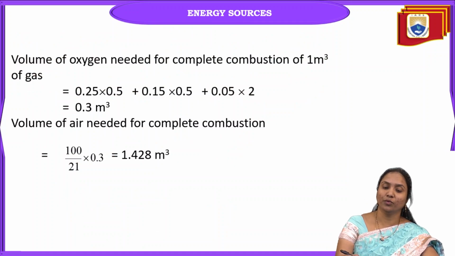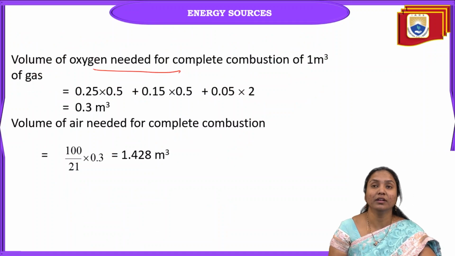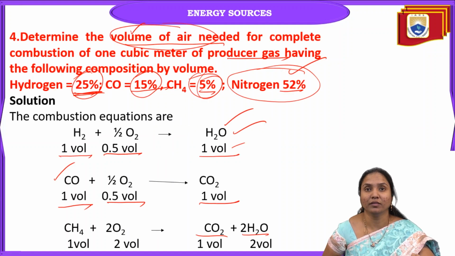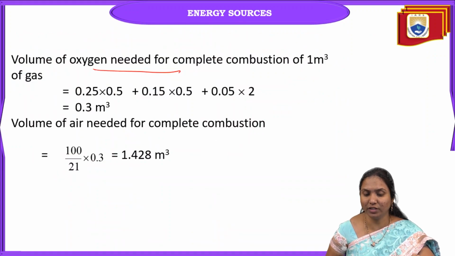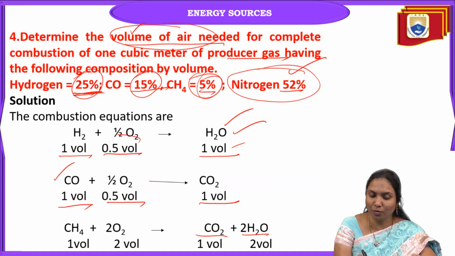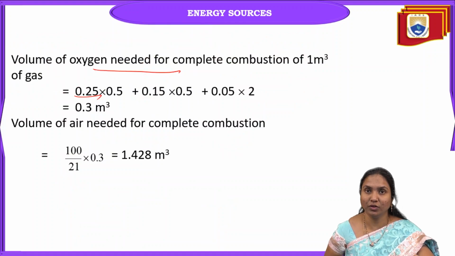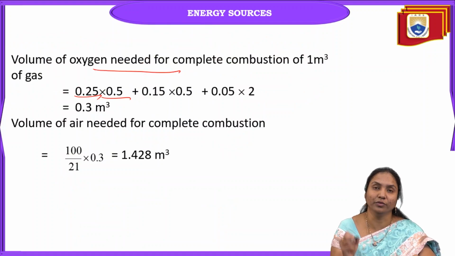So the volume of oxygen needed for complete combustion of 1 meter cube of gas: the hydrogen percentage is 25, so we convert it to 0.25, and the oxygen required is 0.5.